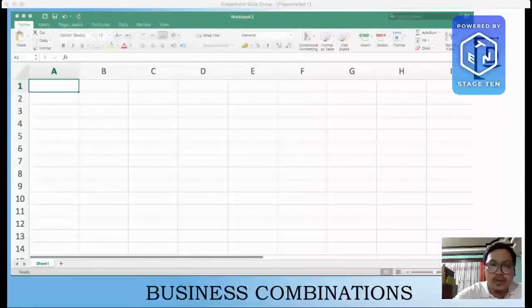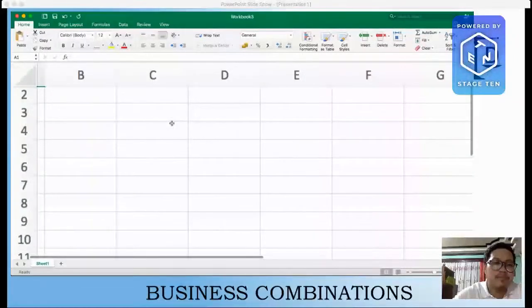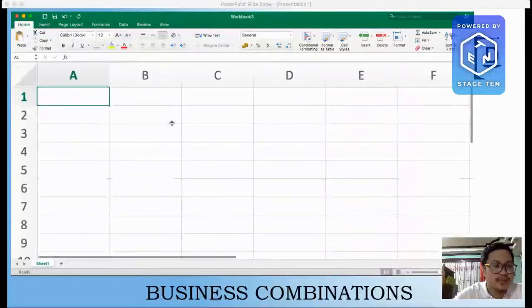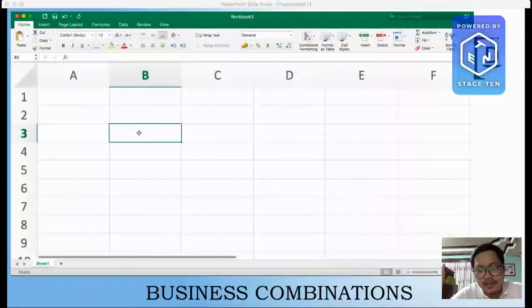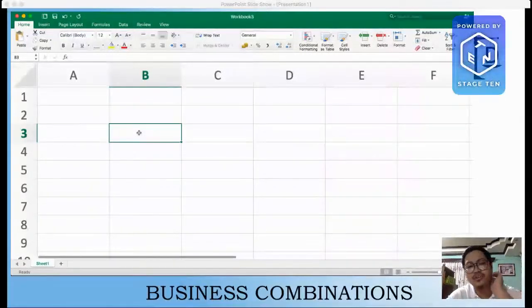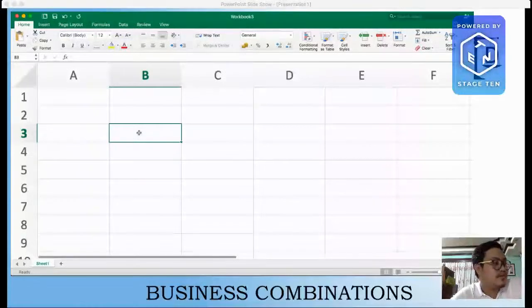If you'll remember in your PPE class, in your discussion in PAS 16, property, plant, and equipment, if you acquire an item of property, plant, and equipment for your shares, you do not use the fair value of the shares issued, class. The first amount that will be assigned to the asset will be the fair value of the asset acquired.